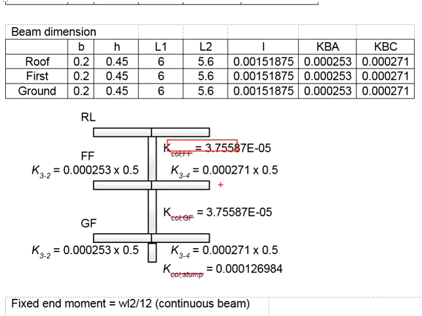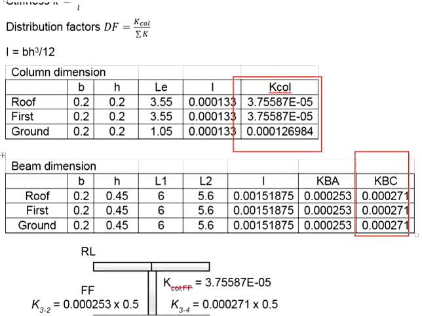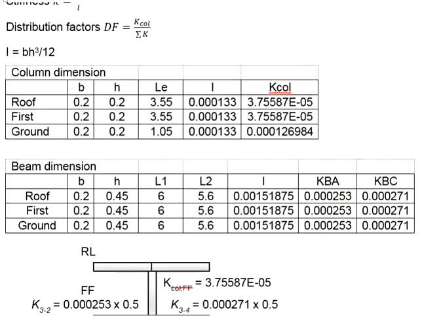Therefore, you will need to get their stiffnesses. Now, if you are analyzing this joint here, you will need the column stiffness, the beam stiffness, and the stump stiffness. These values are obtained from the ones that you have calculated earlier on.